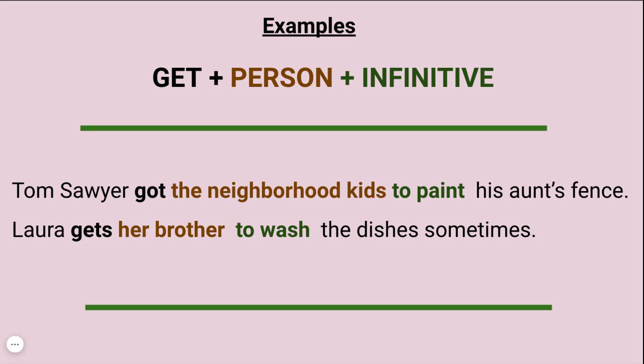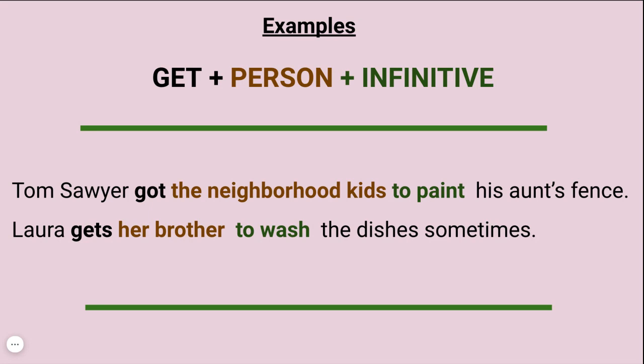So the first example is from my boyhood days reading Tom Sawyer by Mark Twain. Tom Sawyer got the neighborhood kids to paint his aunt's fence. So Tom did not paint the fence, but he somehow caused the neighborhood kids to do it. And the other one, Laura gets her brother to wash the dishes sometimes.